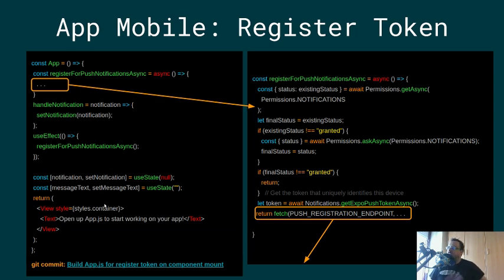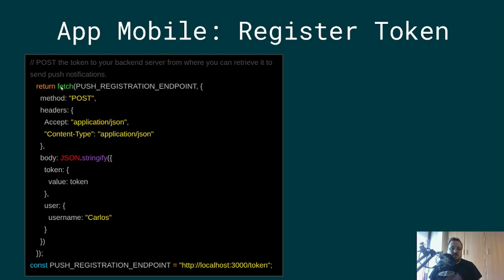Now if we go to the project, this useEffect is the hook for componentDidMount. So every time it's mounted, and I think also every time it's updated, I would have had to add an empty array here to avoid that. But for this lesson we're just using the fetch API without Axios, for simplicity, and we call the push registration endpoint.